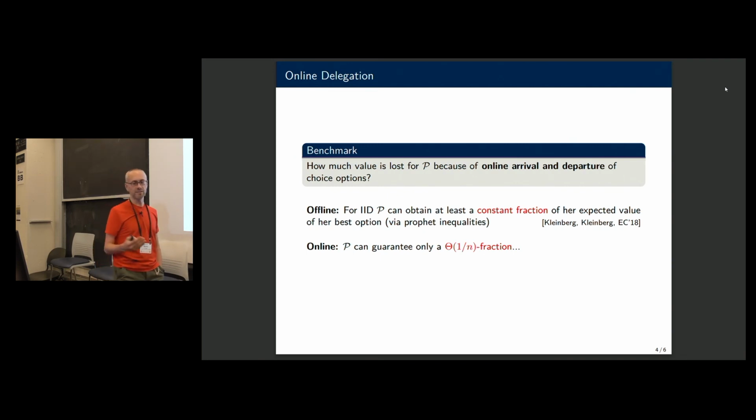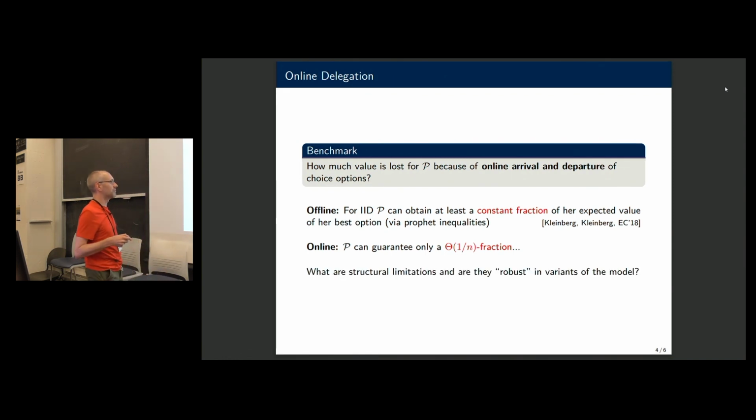What's this family? The agent has a high utility for a low probability candidate, and he wants to wait for it. The principal has utility 1 for a good candidate and 0 for a bad candidate. There's a constant probability that a good candidate arrives during this process, but the agent is not willing to propose it because the agent is always willing to wait until the end. And if you wait until the end, then of course you wait until the end.